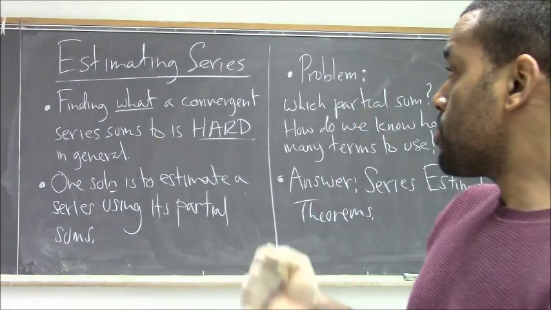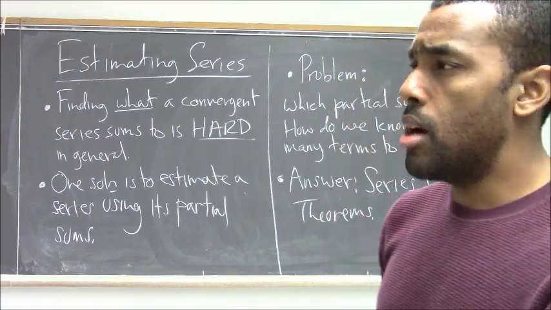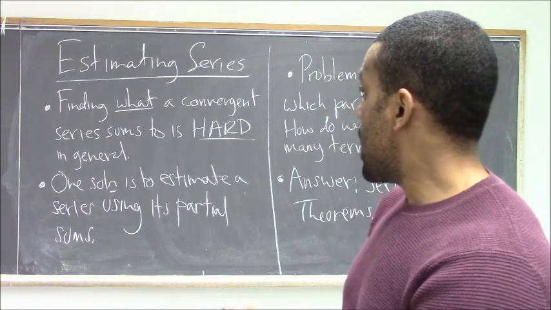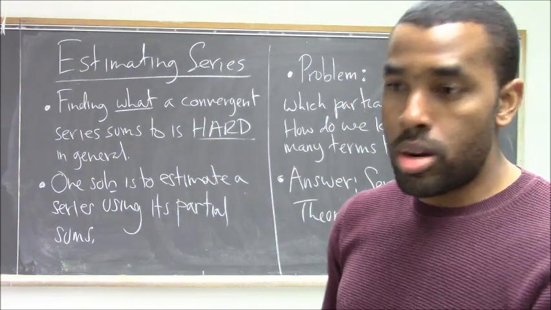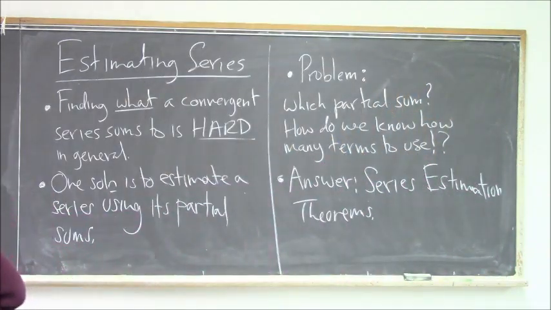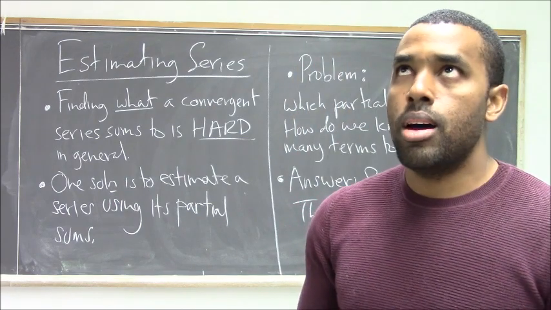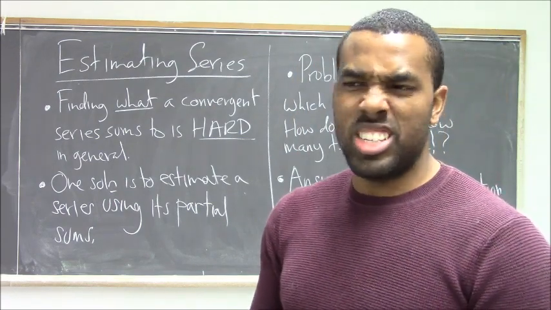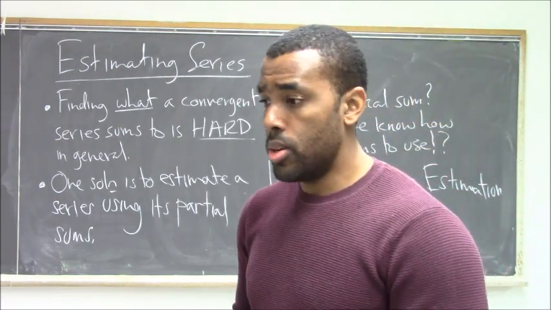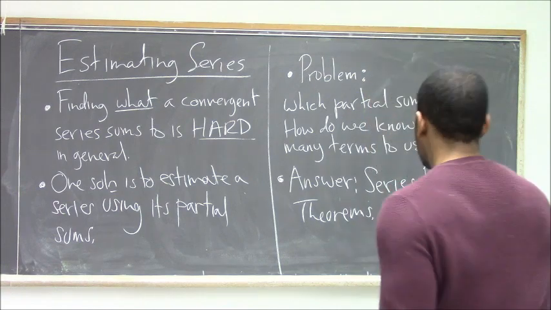I'm going to talk about several of them, but in the next 10 minutes, which it looks like that's what we have, I am going to talk about one of them. I think ultimately I'm going to mention maybe 3 of them. But I'll start with one that, traditionally speaking, is always the one that they ask you about on a departmental final, and that is the alternating series estimation theorem.